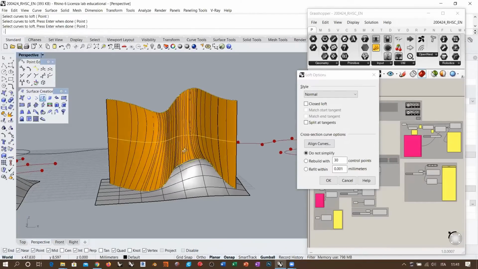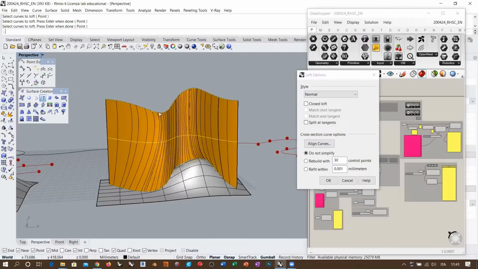The problem is that these two curves don't have the same complexity, don't have the same amount of control points, knots, and spans. So the loft normally flows through these cross sections and adapts the spans and knots position, and therefore also the control points of the surface, the best it can in order to pass through these curves.